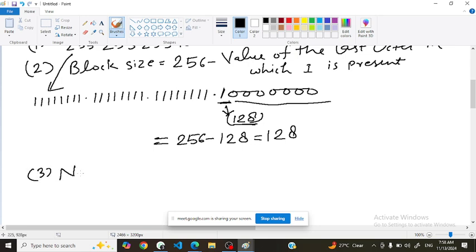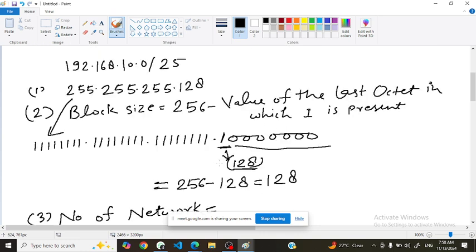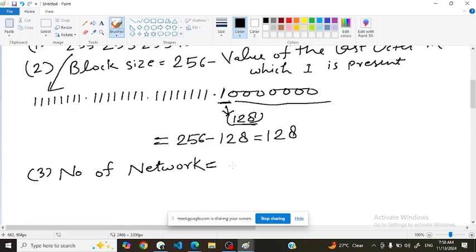So the next thing we will calculate is the number of networks. The number of networks will be CIDR value minus default CIDR value.